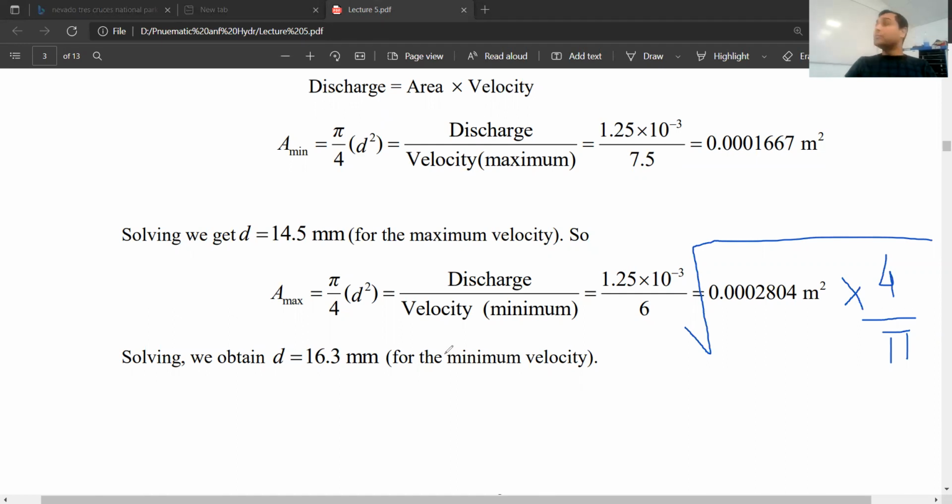So that will give you around 16.28 or 16.29 millimeter. So here you got 16.3 millimeter, but you will get that one in meters, so convert that into millimeters. So you have the minimum and the maximum diameter.